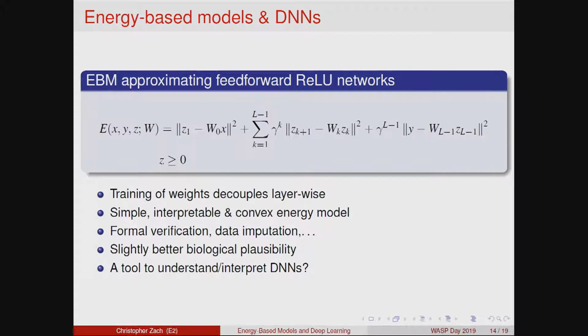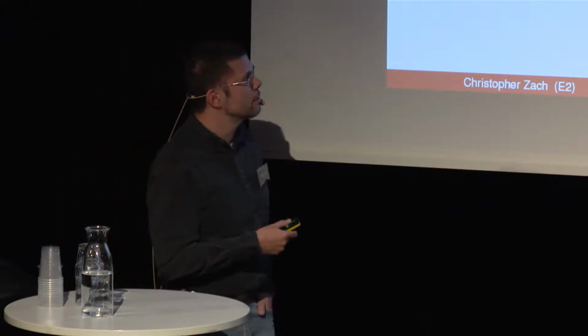There are also things, what turned out is this model leads to slightly more biologically plausible approaches, which I think is an interesting point. And another interesting point is this can be seen as another tool to maybe interpret or try to understand deep neural networks.